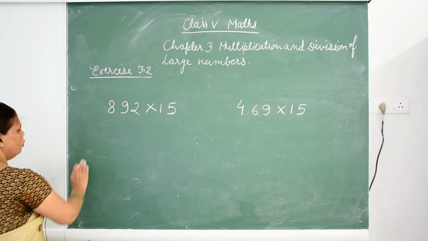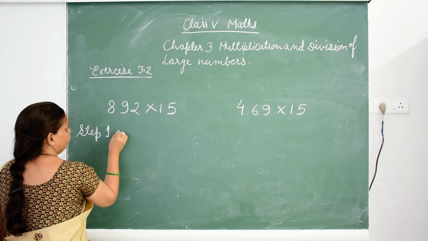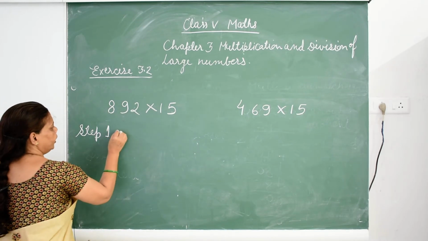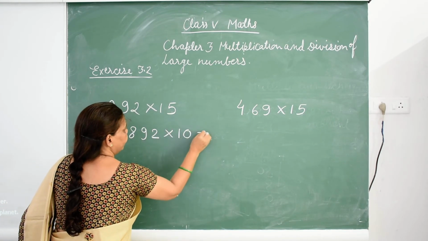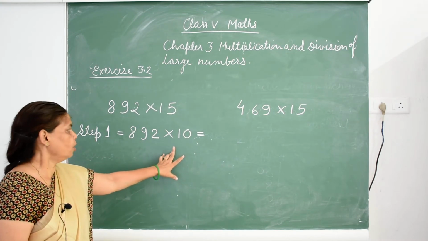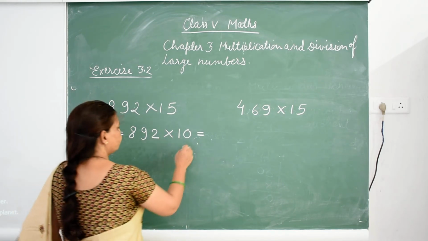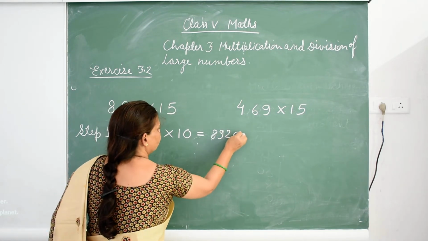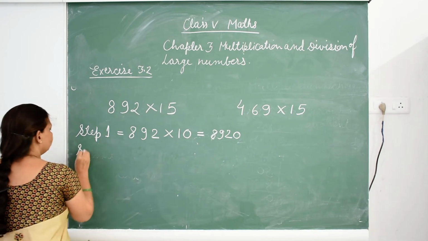So here what we do, step first. First we multiply the dividend with 10. 892 multiply by 10. When we multiply any number with 10, 100 or 1000, we put that number of zeros after the number. So here 8, 9, 2 and 0. Understand?